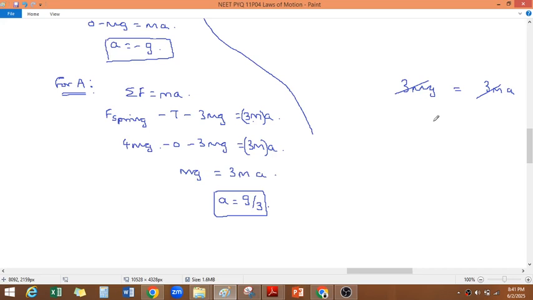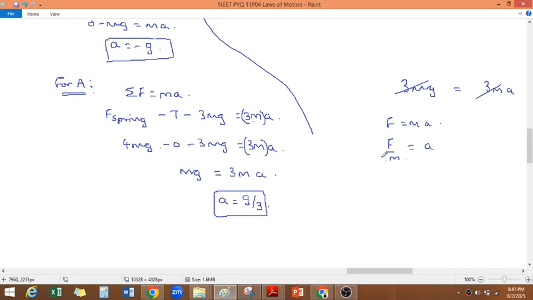Yes, sir. According to you, what you are saying is sigma F is equal to ma. So F spring. What did you say? I forgot. A is equal to F divided by m. The force is gravitational force, so g divided by 3m. This is 3m you are saying?